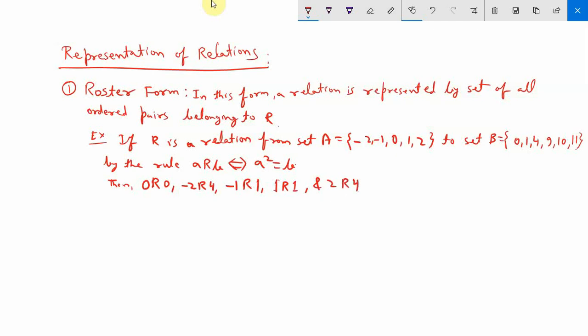So this is a relation. We can describe R in roster form as: (0,0) is the first ordered pair, next (-2,4), (-1,1), (1,1), and last one (2,4). Okay, this is roster form.